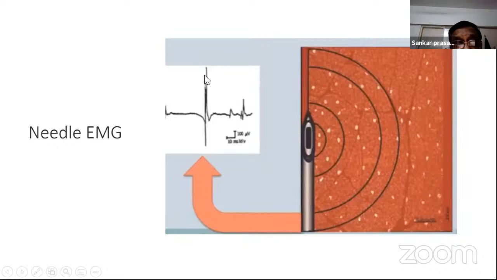The amplitude of this MUAP is given by these fibers; all the white fibers are muscle fibers of the same motor unit, but they are not next to one another, they are distributed. This needle is picking up potentials from all the motor unit fibers, and that gives you the duration. So amplitude is given by the fibers that are nearer to it, and the duration is given by the scattered motor unit fibers.